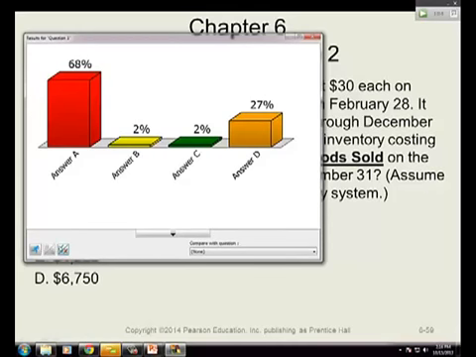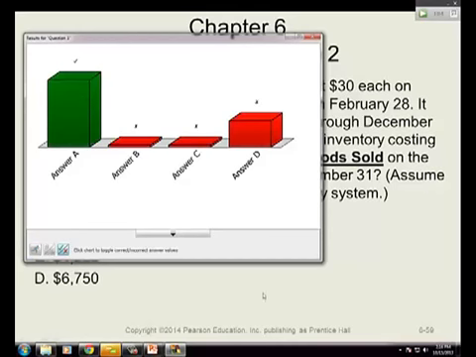Okay, so your answer is A. Here's why. If you're using FIFO and I want the cost of goods sold, first in, first out, so the first ones in are the first ones you sell.